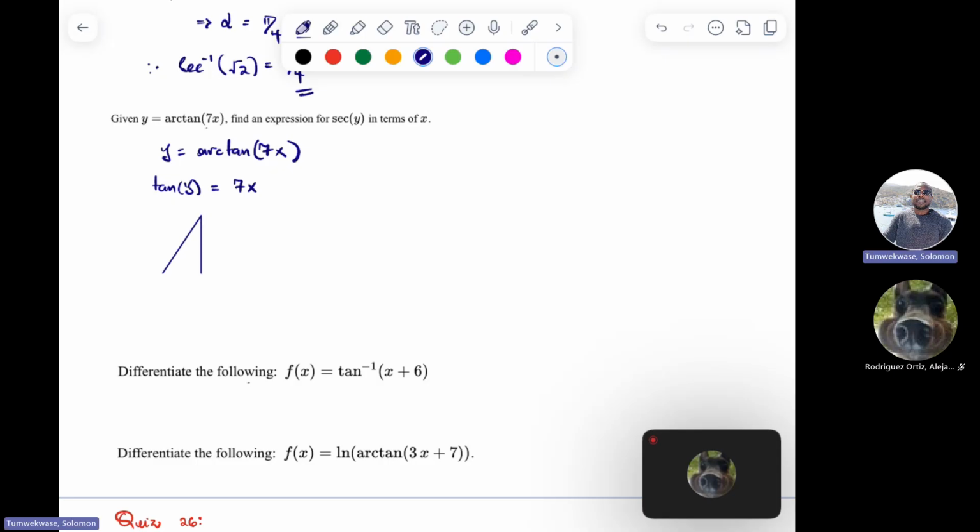So we have a right angle triangle with angle y, and this is a tangent.